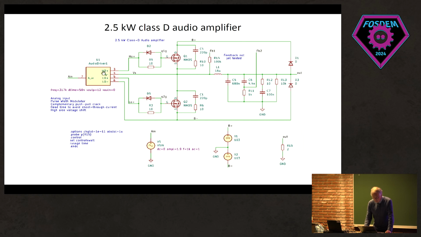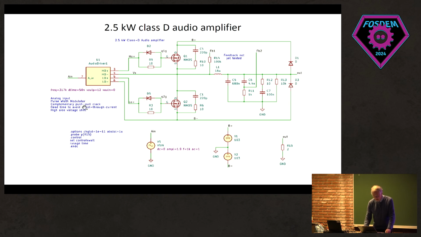And okay, so what did I do to get this simulation? I made a symbol myself of this audio driver circuit, just drawing the symbol. And this audio driver circuit is also something I created myself, because it has the analog input, it has a pulse width modulator. This is a translation from the analog signal to a pulse width digital signal. It needs something more.